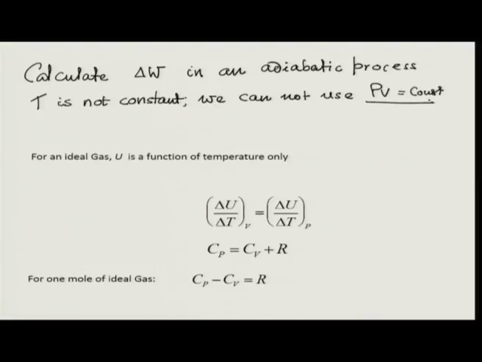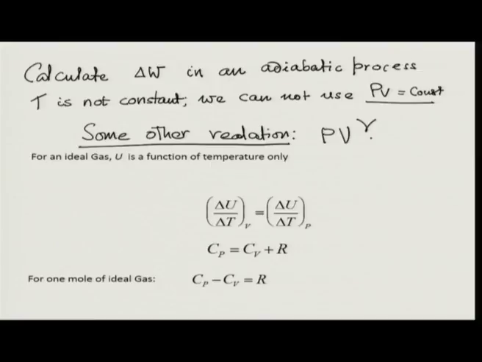Rather, for an adiabatic process, I must have some other relation, which is very important, which I am going to derive for you. This relation is PV^gamma is equal to constant. It need not be the same constant as the previous one, a different constant, which I will derive for you. Now, for an ideal gas, since we are dealing with ideal gas, we are lucky.